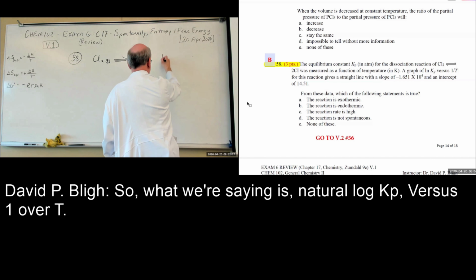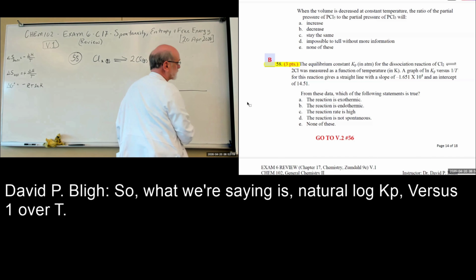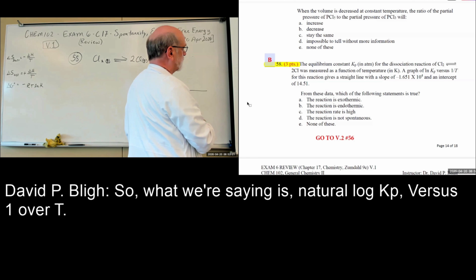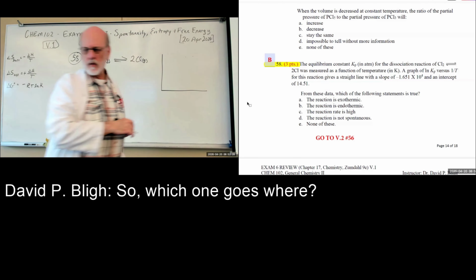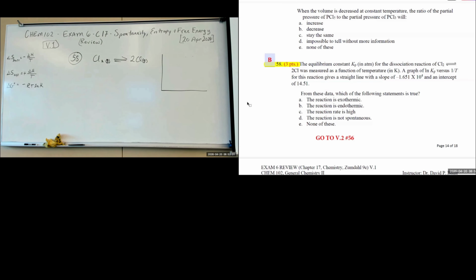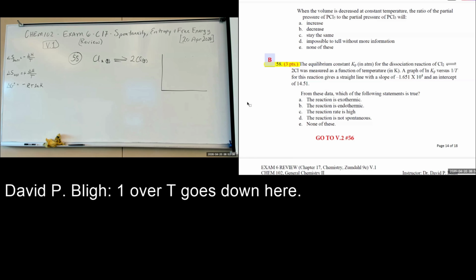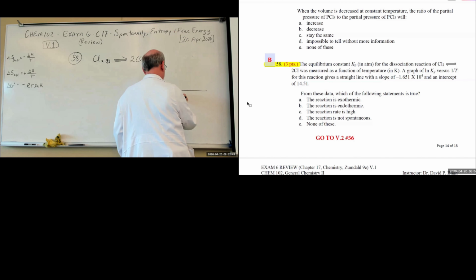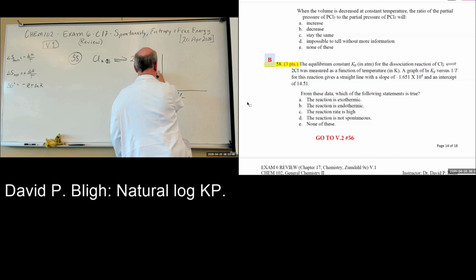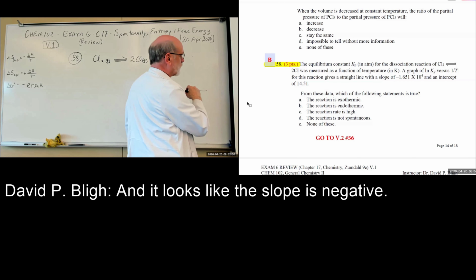So natural log Kp versus 1/T. One over T goes down here, natural log Kp goes up the side, and it looks like the slope is negative.